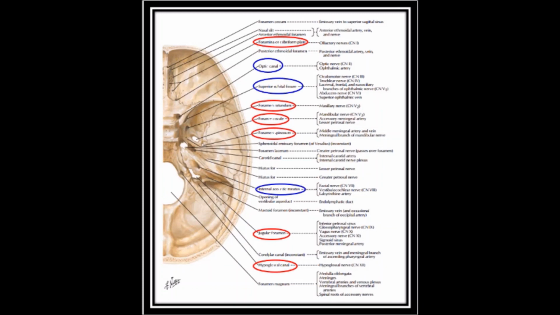Cranial nerve 9, the glossopharyngeal nerve, cranial nerve 10, the vagus nerve, and cranial nerve 11, the accessory nerve, have also been previously covered. Note that superiorly, they pass through the jugular foramen, and inferiorly, they emerge from the jugular fossa.